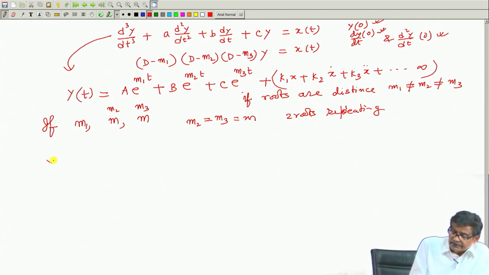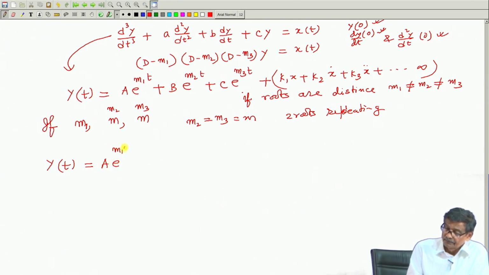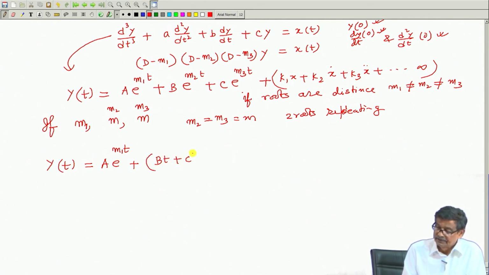Oh, I can easily write y t. First of all, m 1 is alone. So, the total solution will be a into e to the power m 1 t plus, these 2 are repeating, so it will be b t plus c into e to the power m t.